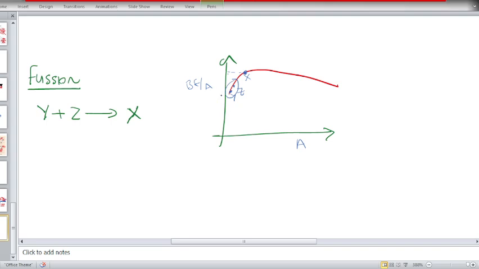In this case also, different lighter nuclei combine to form a heavy nucleus, and that will also release energy.